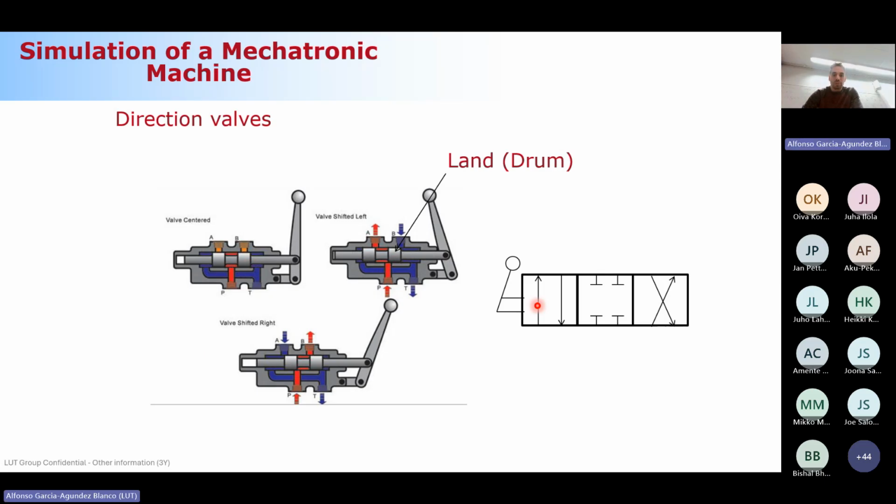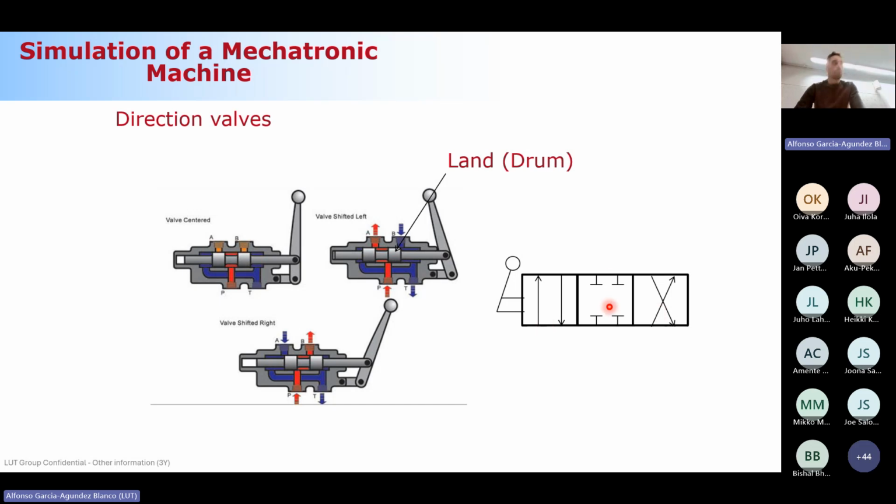This situation corresponds exactly to the middle, because these lines that you see here are the different ports. So you would have P, T, you would have A, B, and in this configuration, you are communicating nothing with nothing. So you don't have connection between P and A, you don't have connection between B and T, so nothing with nothing is the center configuration, okay?